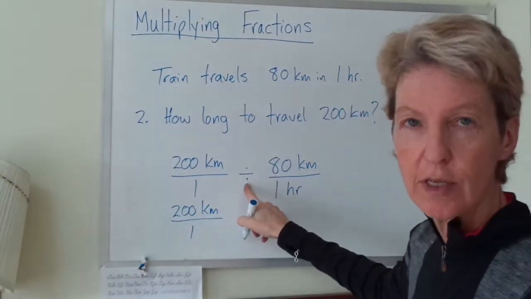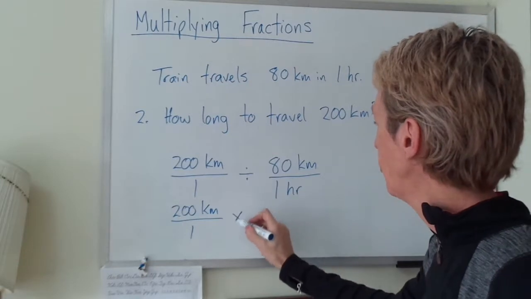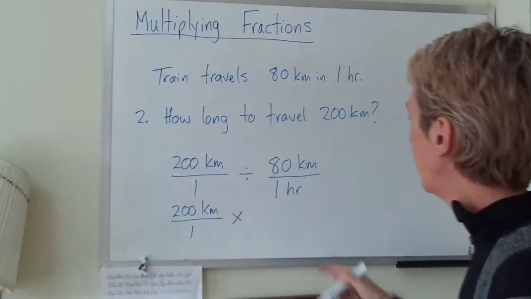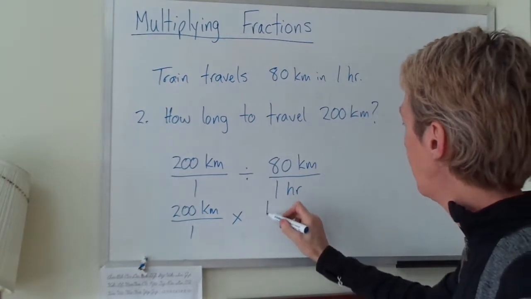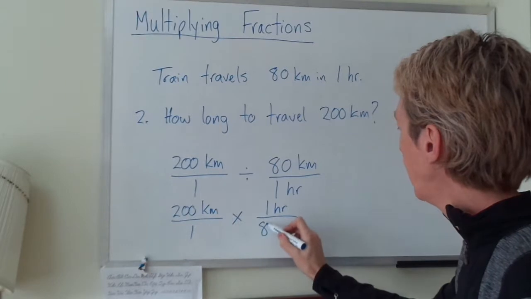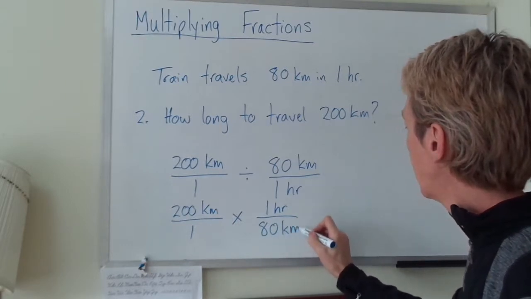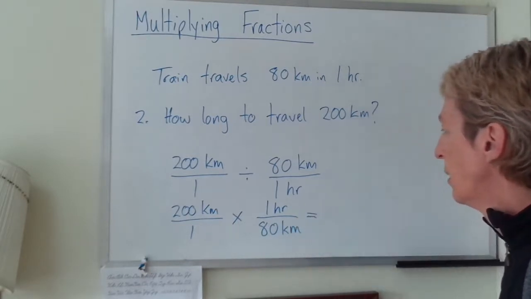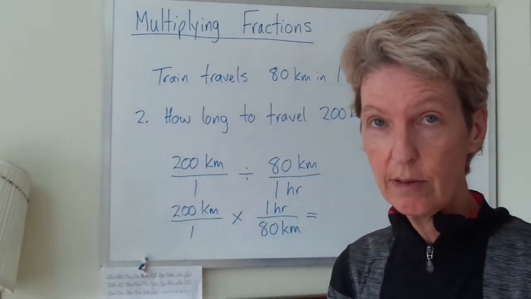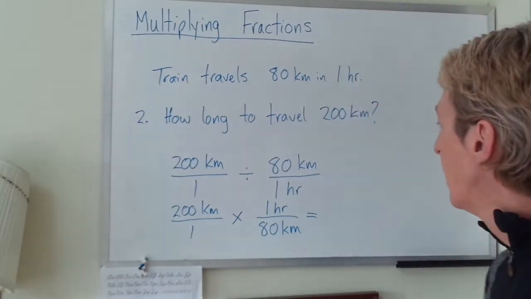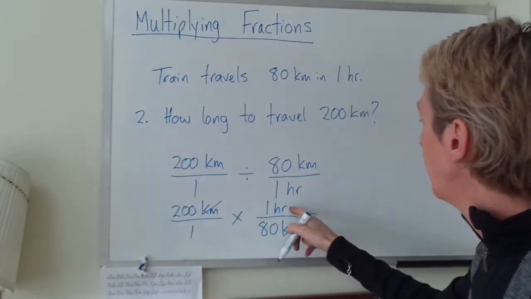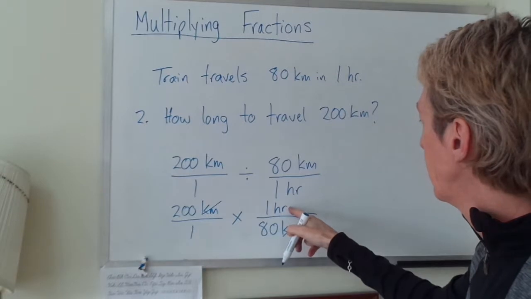The division sign switches to multiplication, and our second fraction becomes inverted. The numerator becomes 1 hour, and our denominator becomes the 80 kilometers. Now, before we do any calculations, we're going to check the units to see if this works out. Kilometers divide out, and we're left with hours as our unit.